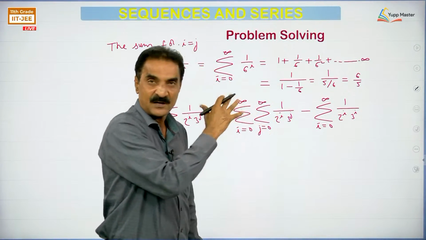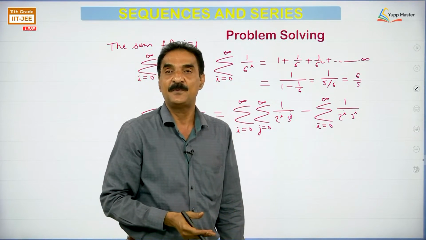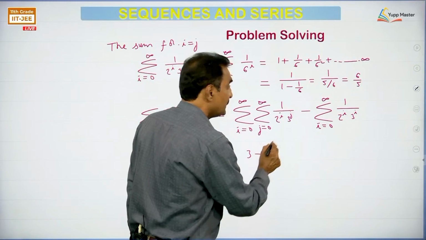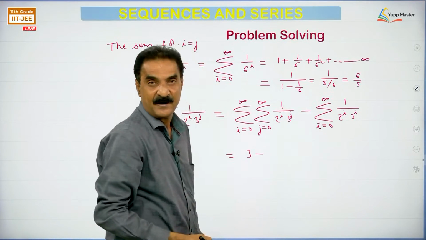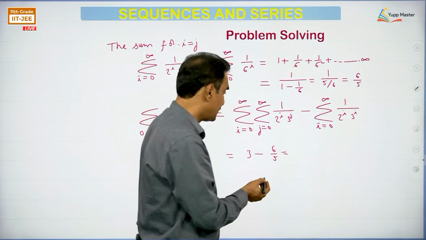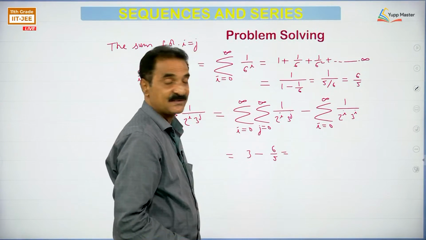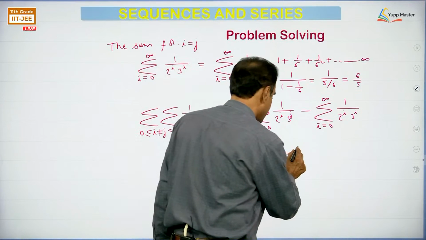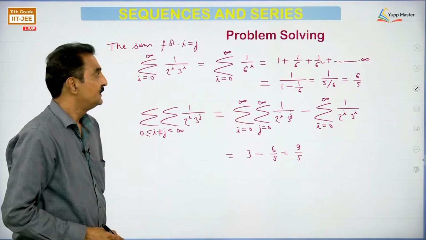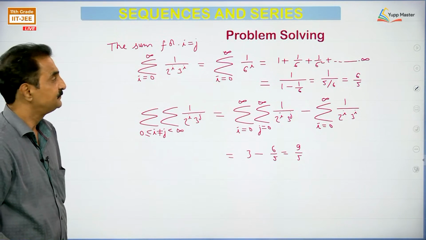So, from the total sum I am subtracting the value for i equal to j. Then this is calculated as 3 and this is 6 by 5. So, how much are you getting? 15 minus 6, 9 by 5. Alright. Let us proceed to the next question.